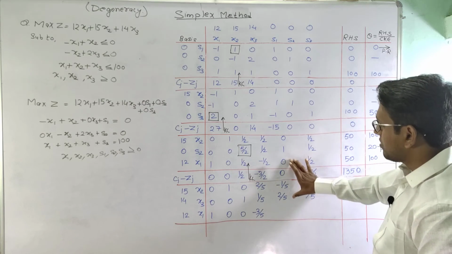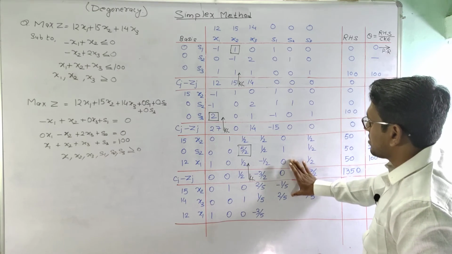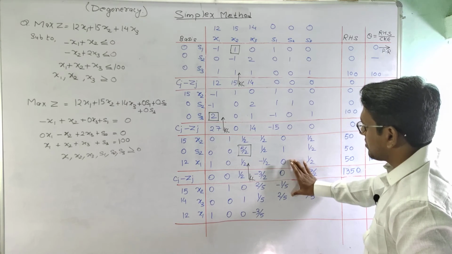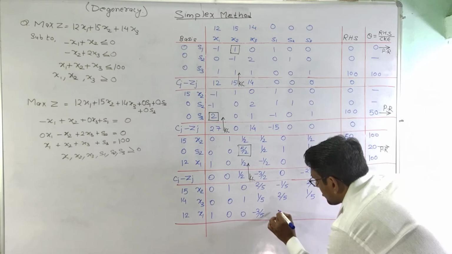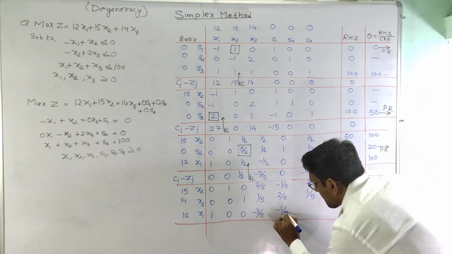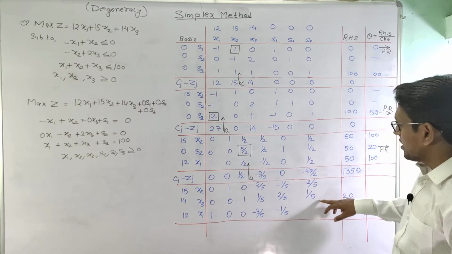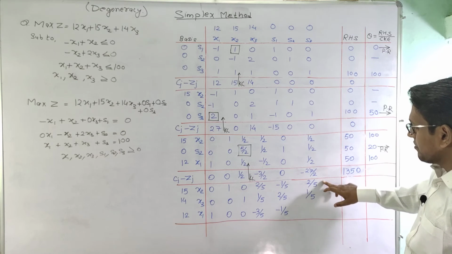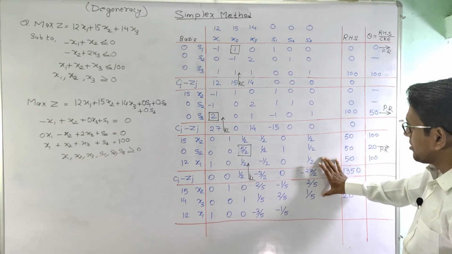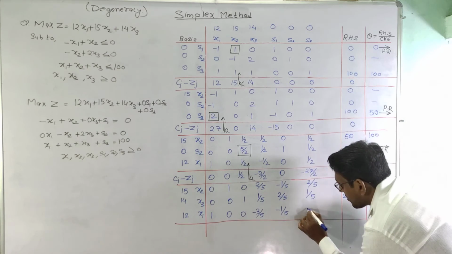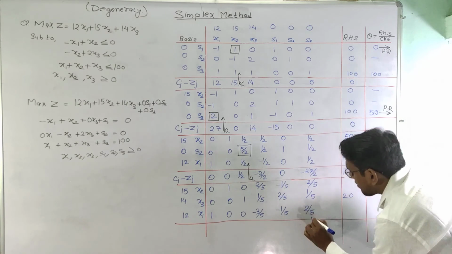Here 0 minus, this will be minus 1/5, minus 1/5. Again this will be 2/5, 1/2 minus 1/10, this will be 2/5, 2/5.